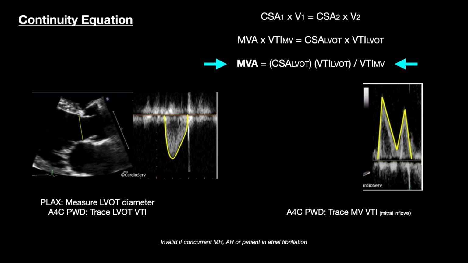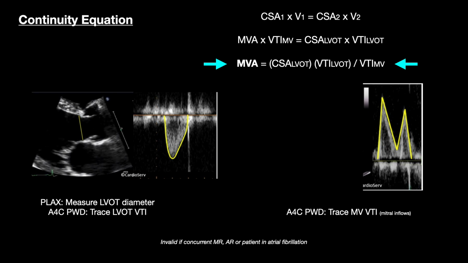And so how we measure this is firstly in the parasternal long axis view, we measure the LVOT diameter, and the machine uses this diameter to calculate the LVOT cross-sectional area. And then you trace the LVOT VTI, which has been measured with pulse wave Doppler in the apical 4-chamber view. And this gives us the LVOT stroke volume along with the LVOT diameter.